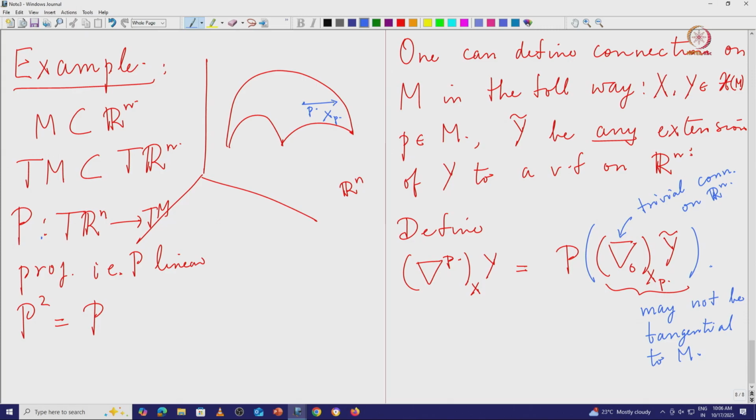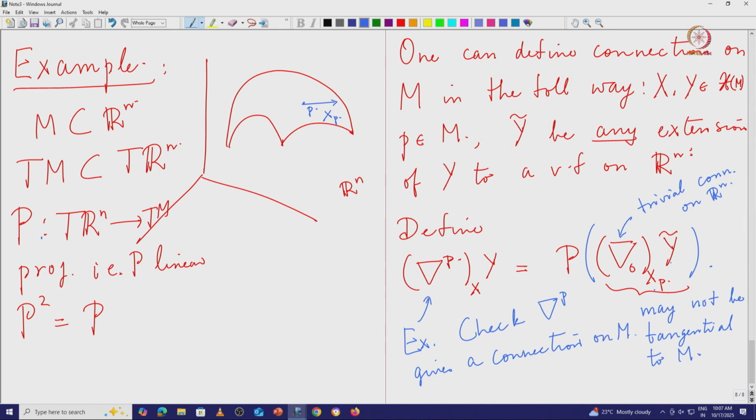So by taking the derivative of Y tilde with respect to X_p, you get some vector in R^n, you just project it down to TM, and one can check, it's a very good exercise. Check that this gives a connection, so it satisfies all the axioms.